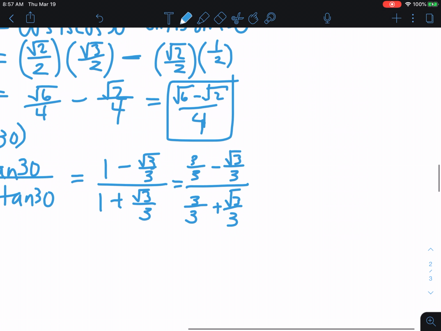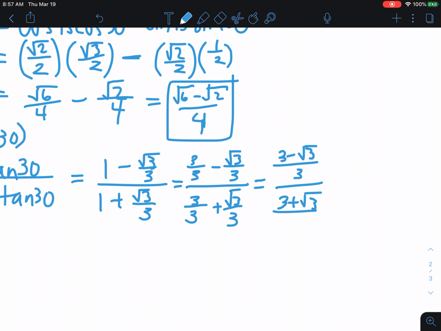So that now that I have a common denominator, these will become just one fraction at the top, one fraction at the bottom. This is kind of like my main fraction bar. And so what I will do is I will take the numerator and multiply it by the reciprocal of the denominator. We all know that trick when you're dividing fractions.